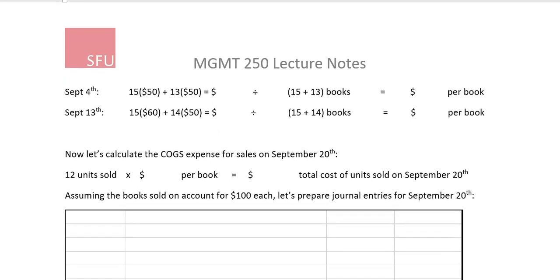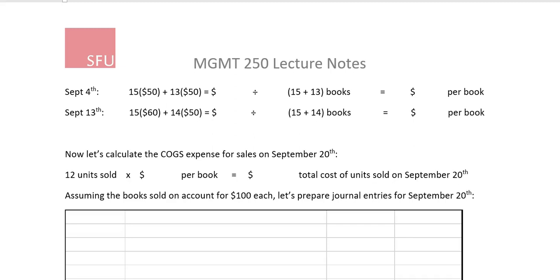So let's hone in on two purchase dates, September 4th and September 13th. These were the only two purchase dates in the month of September. So this is kind of like calculating the average unit cost in one big step.